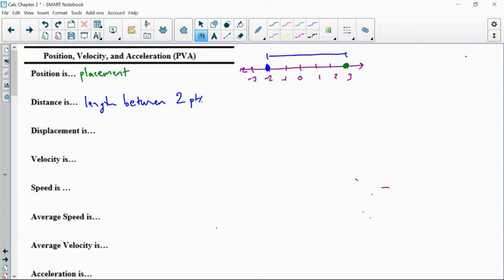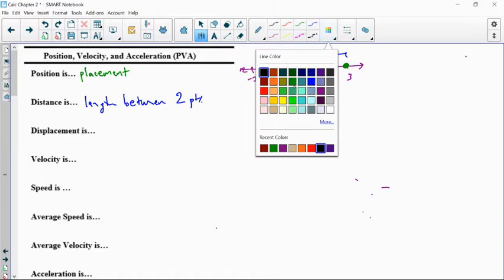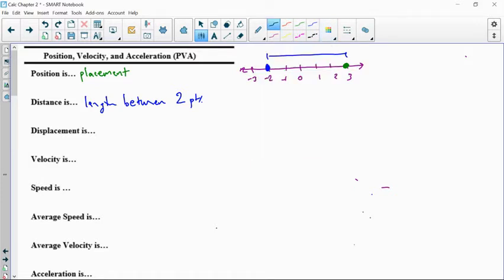Now, if I want to keep track of order, then I'm going to talk about displacement. So displacement is a measurement between 2 points, but it's the final position minus the starting position. So in this case, I could have a negative displacement.